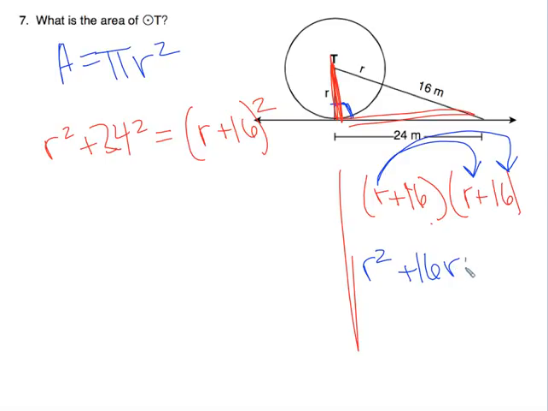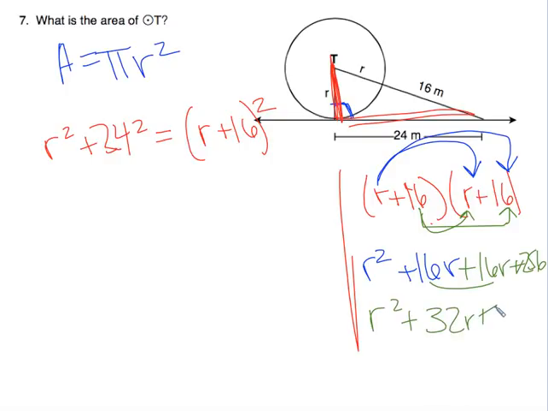Now we do 16 times r, which is 16r. 16 times 16, which is 256. Then we combine it, we get r squared plus 32r plus 256.